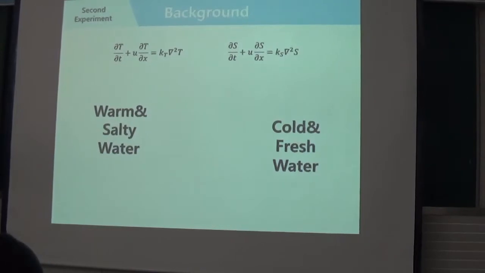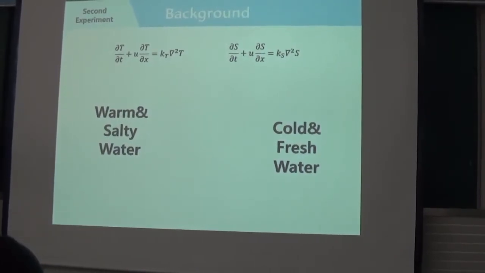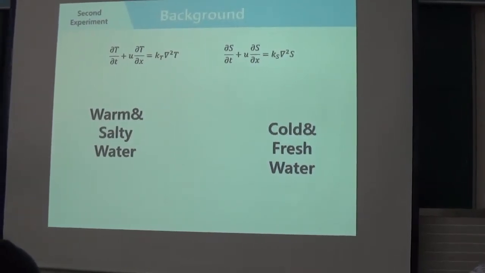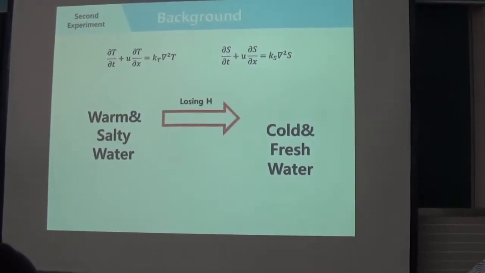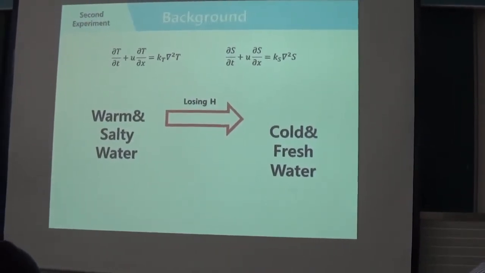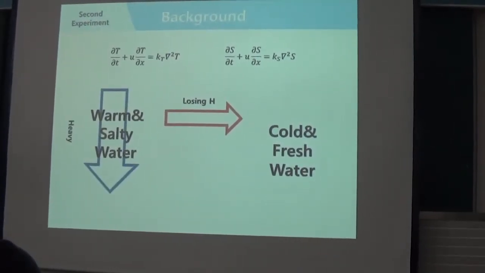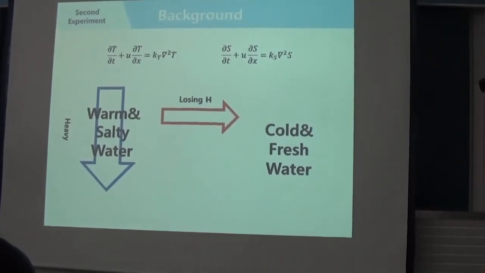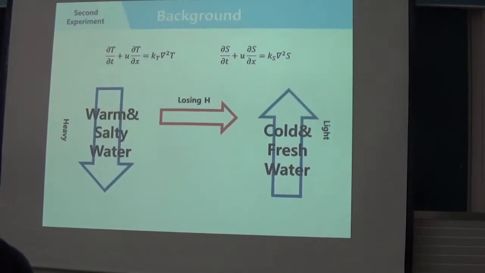Due to diffusion of salinity going slower than that of temperature, when warm and salty water is placed on top of cold and fresh water, temperature spreads faster than salinity.